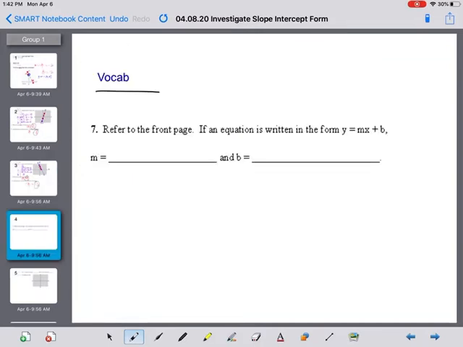So let's summarize. This is going to go into your vocab list. If the equation of a line is written in the form y equals mx plus b, m equals slope, and b equals the y-intercept, or at least the y-coordinate of the y-intercept.